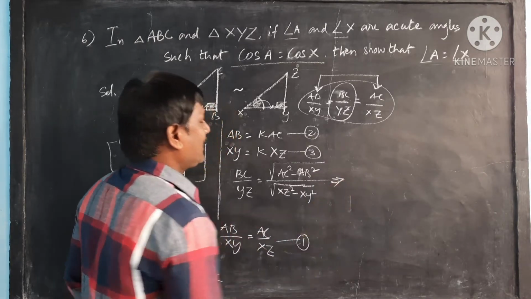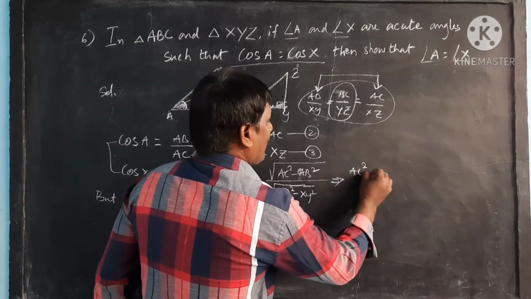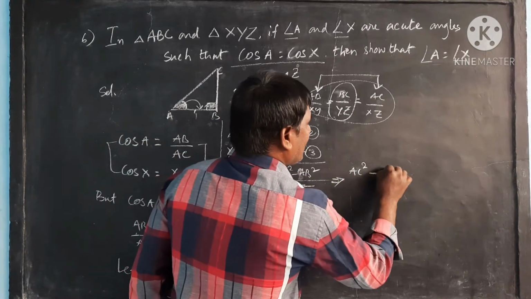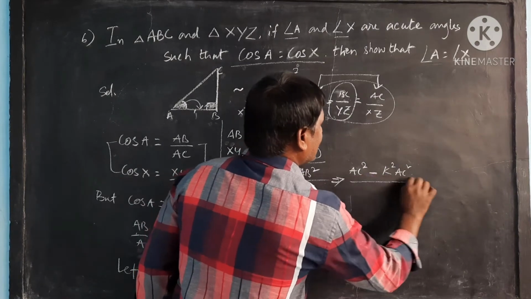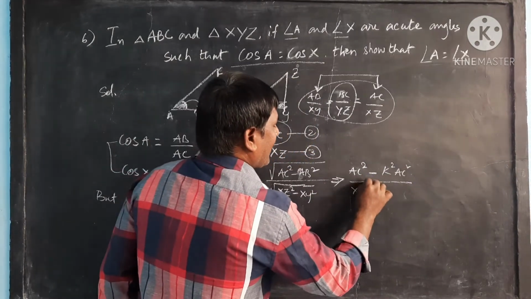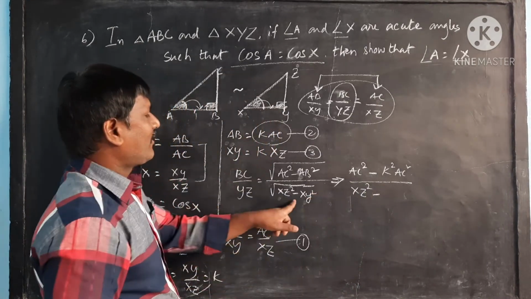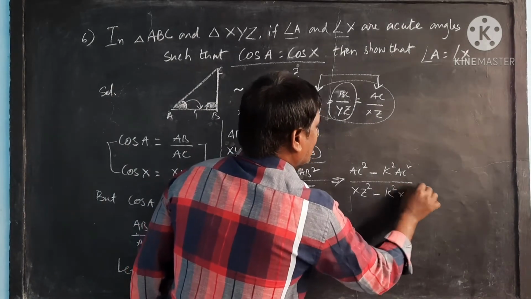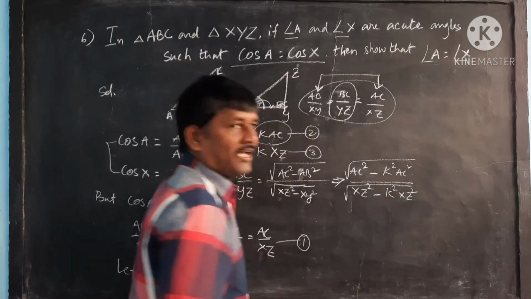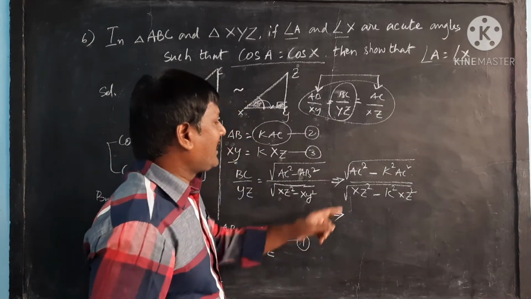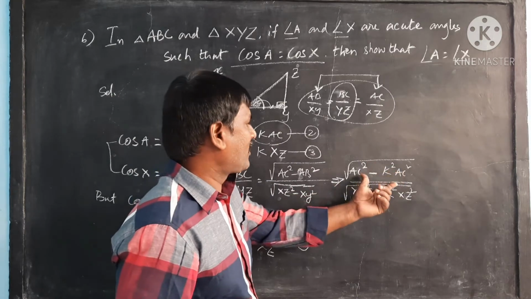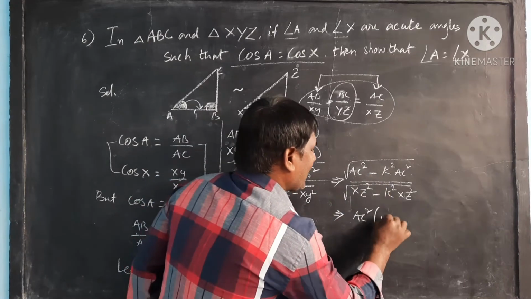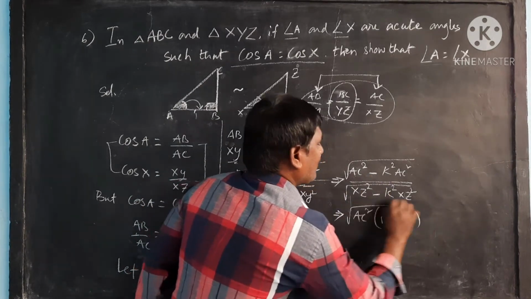Which implies, AC square minus AB square: from equation 2, AB is K AC, so that is K square AC square. Similarly, XZ square minus XY square, where XY is equal to K XZ, so that is K square XZ square, all under root. Now AC square is common in both terms, so taking it out we get AC square into 1 minus K square under root.